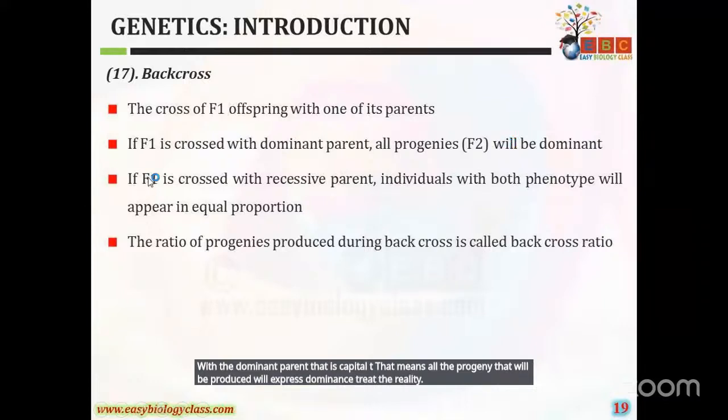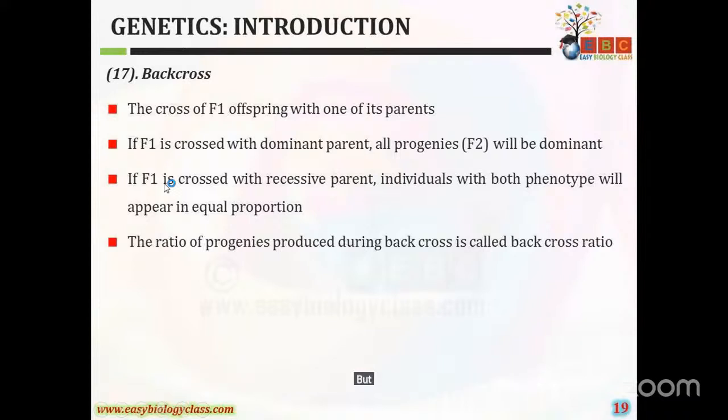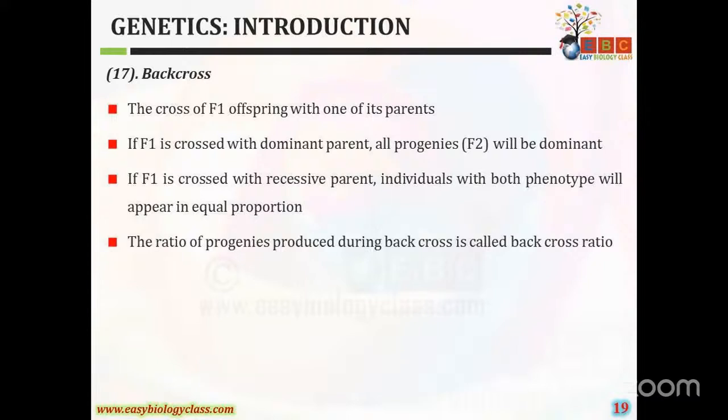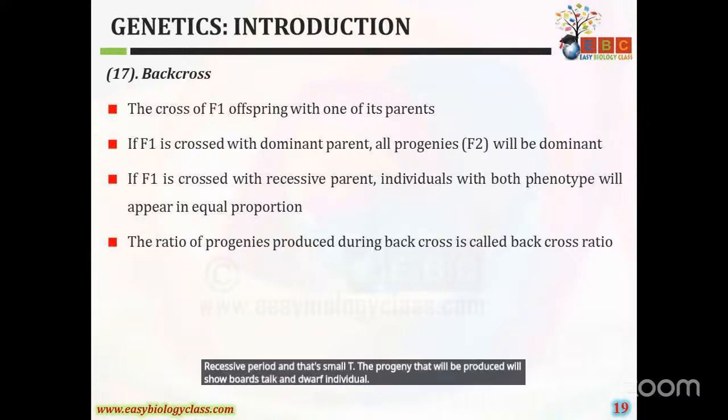But if we cross F1, that is capital T, small t, with the recessive parent, that's small tt, the progeny that will be produced will show both tall and dwarf individuals in equal proportion.